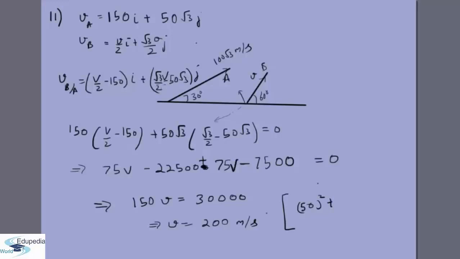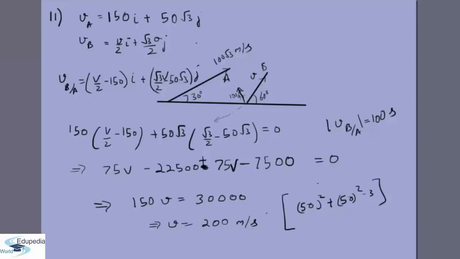V by 2 is 100 again, minus 50, that is 50, and we can multiply that by root 3. So that is 50 squared into 3. This is 50 squared into 4, the root of it will be 100. So that means mod of V of B with respect to A is equal to 100 meters per second. So it's moving in this direction perpendicular to A at a speed of 100 meters per second.